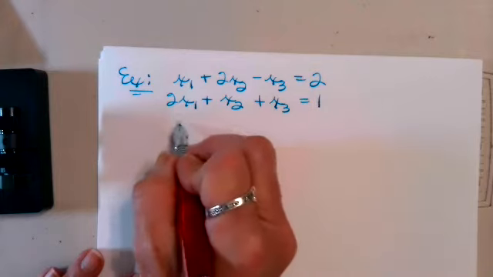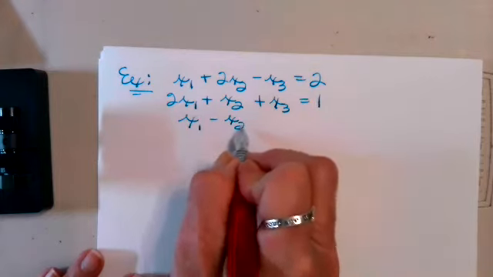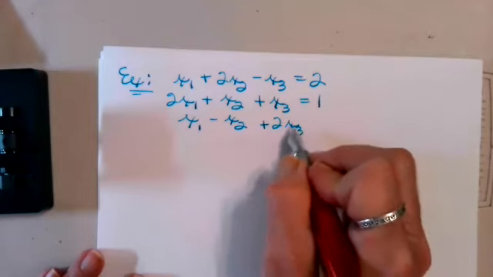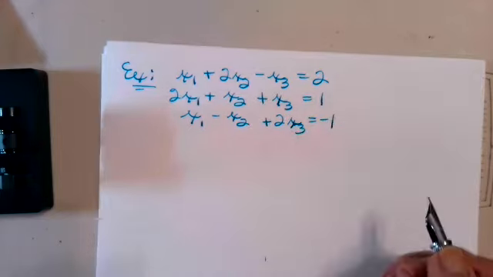And x1 minus x2 plus 2x3 equals minus 1. Okay.